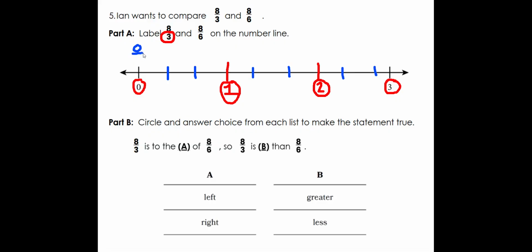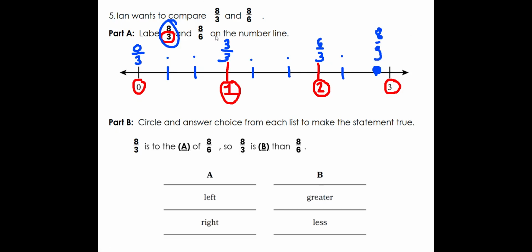Here I have 0/3. So I have 0/3, 1/3, 2/3, 3/3. Don't forget your whole numbers. 3/3, 4/3, 5/3, 6/3, 7/3, 8/3. That's where I need to label, right?